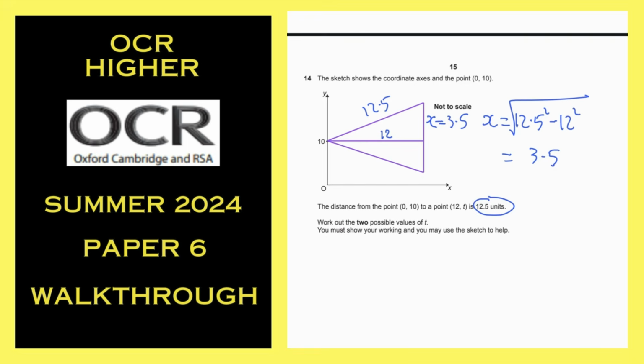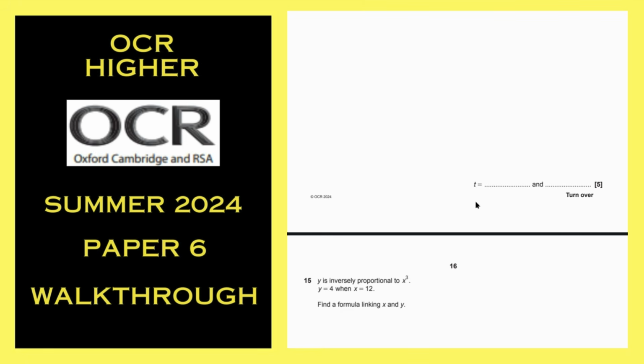That's not the answer. x being 3.5 means the possible value of t is, don't forget that coordinate is 12 along, 10 up. That's where that is. So we need to add 3.5 on and subtract 3.5 away. So the actual answer's 6.5 and 13.5. On we go.